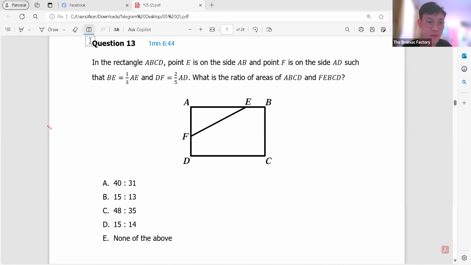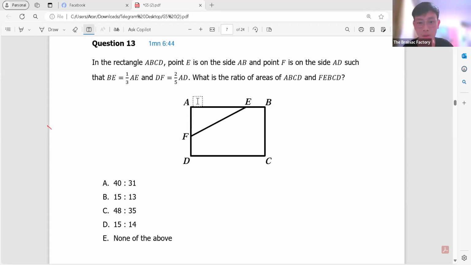Okay, so as I mentioned, we need to be a bit rushed, so I'm going to solve it for you all. Question 13. In the rectangle ABCD, point E is on the side AB and point F is on the side AD, such that BE is 1/3 AE, and AF is 2/5 AD.